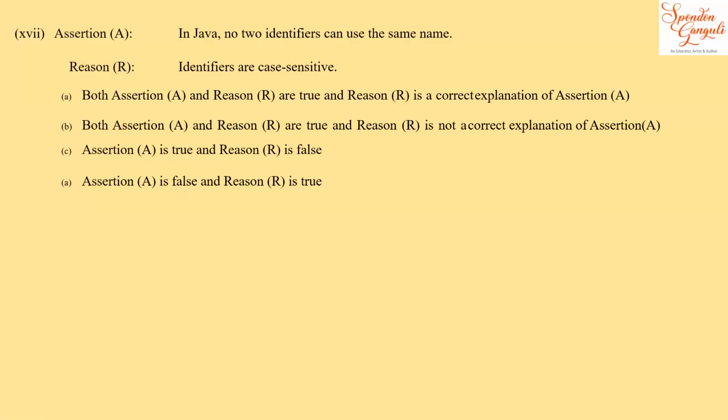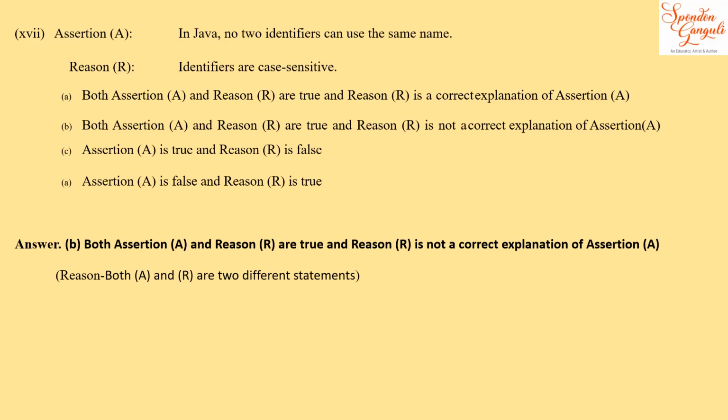Next question. Assertion: in Java, no two identifiers can use the same name. Reason: identifiers are case sensitive. Options: both assertion A and reason R are true, and R is the correct explanation of the assertion A; both A and R are true, and R is not a correct explanation of A; A is true, R is false; A is false, R is true.